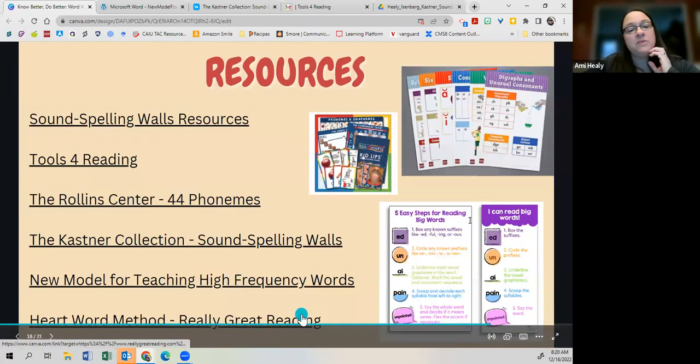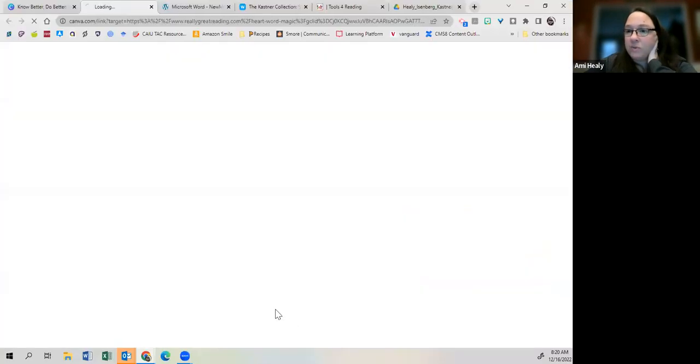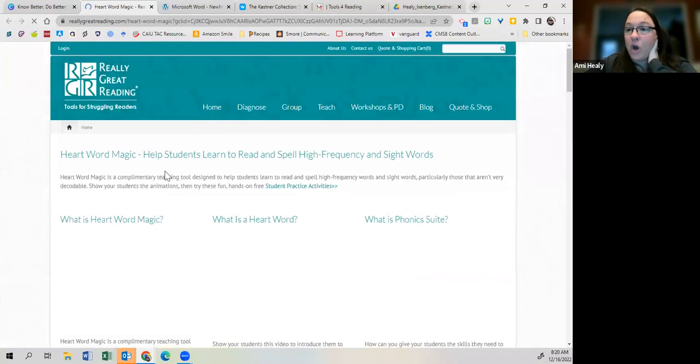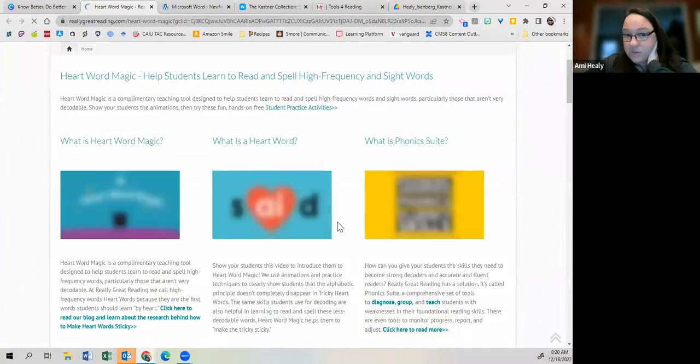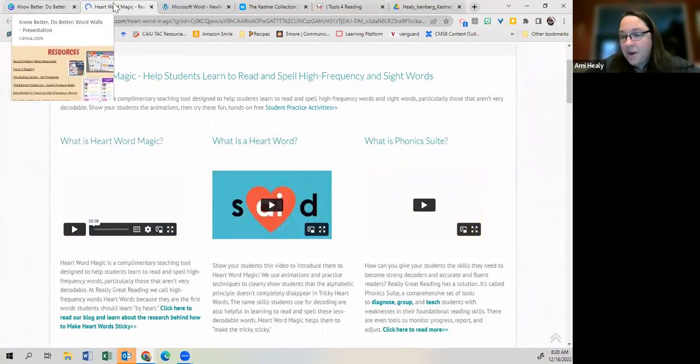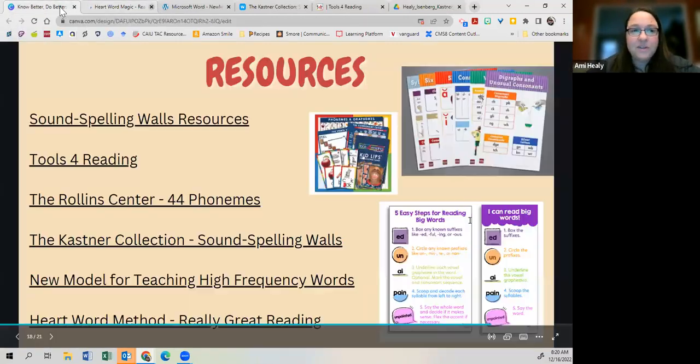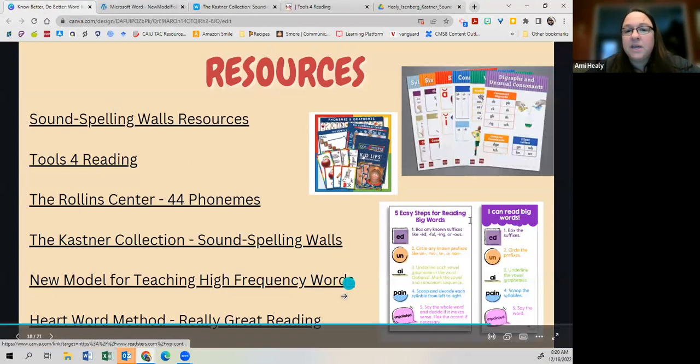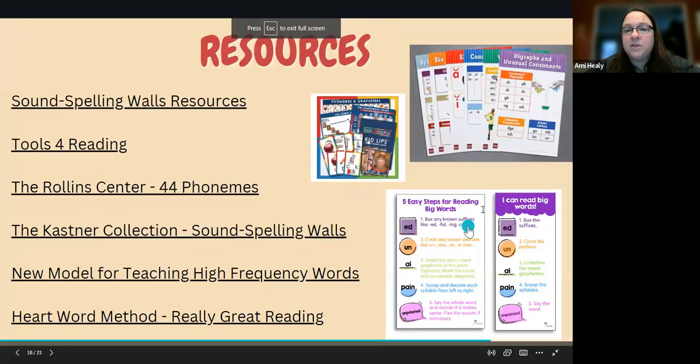And then the last one we've shared before is from Really Great Reading and that heart word method and some examples of how to teach or show those little videos of the heart words. And I think one more on there to the right is the picture of another poster there.